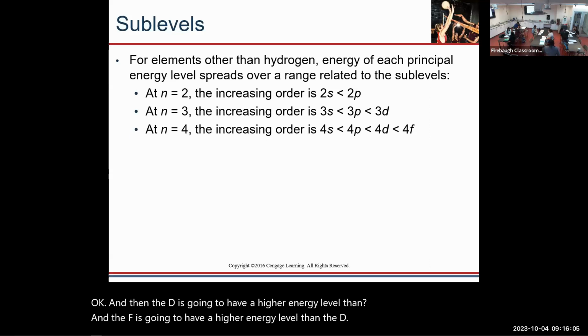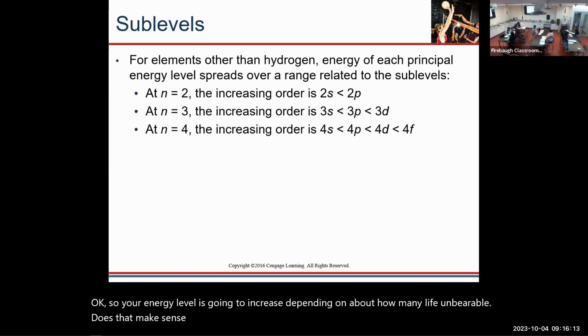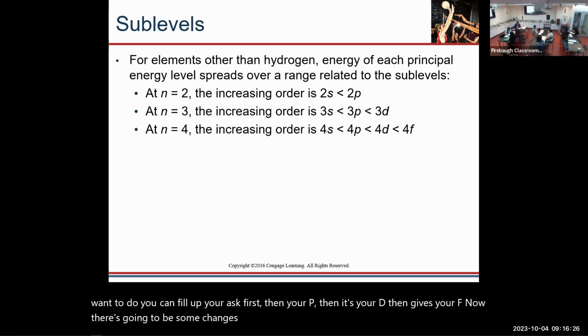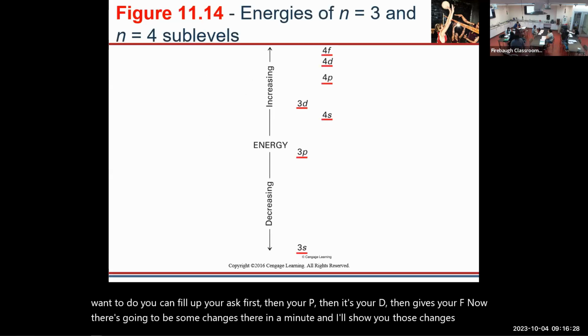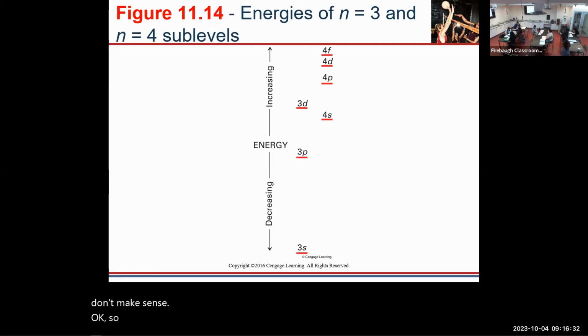So your energy level is going to increase depending on how many electrons you're able to hold. Does that make sense? So when you're filling up electrons, you fill up your s first, then your p, then you get to your d, and then your f. Now, there are going to be some changes there in a minute, and I'll show you those changes, and they'll make sense.